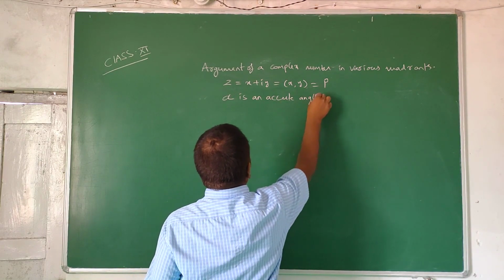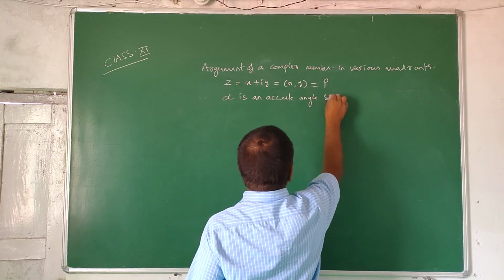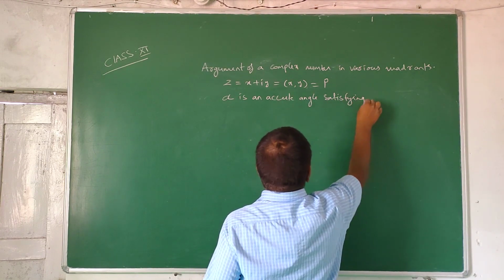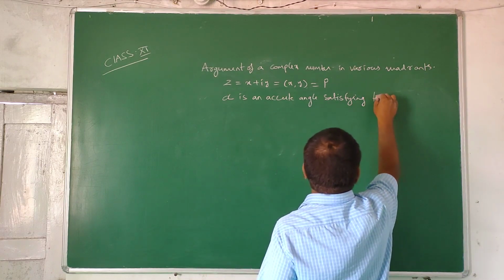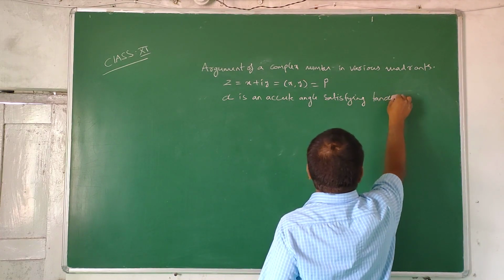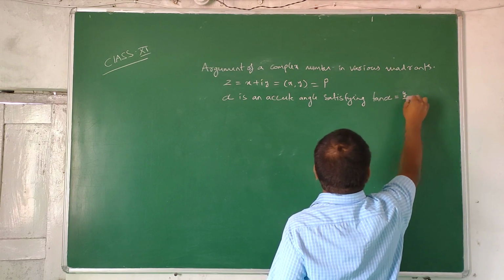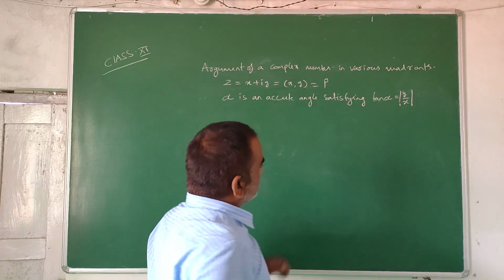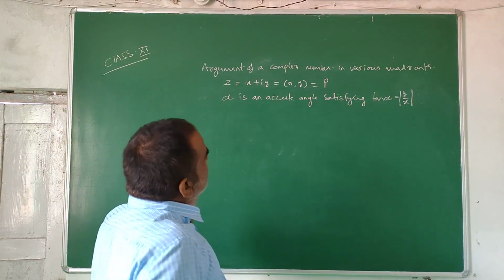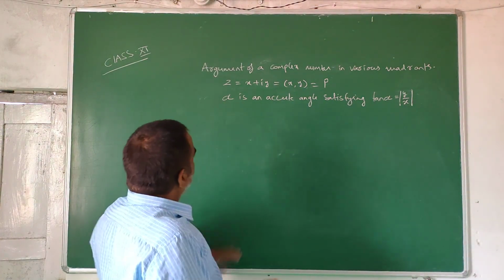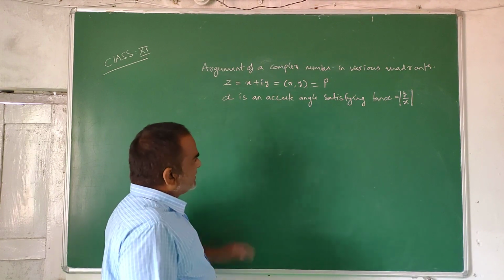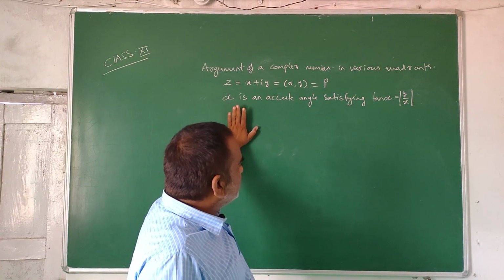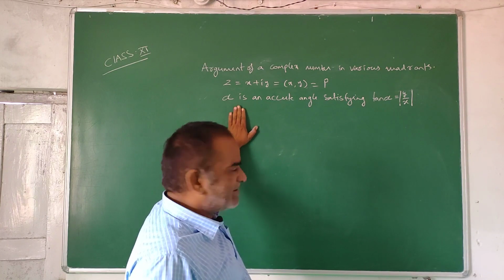Alpha is an acute angle satisfying tan alpha is equal to mod y by x. So alpha is the second point that you have to take for granted: alpha is an acute angle satisfying tan alpha is equal to mod y by x.